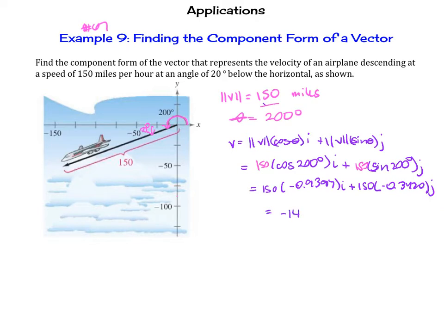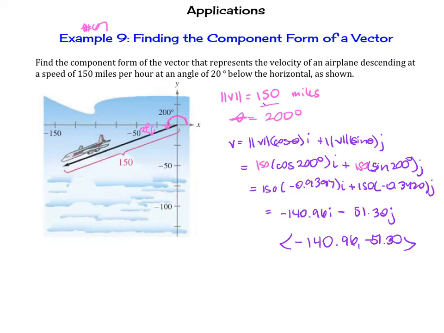You get negative 140.96 i minus 51.30 j. Then you just write it in component form. Remember, you just take out the i and the j and write it like this: negative 140.96, negative 51.30.